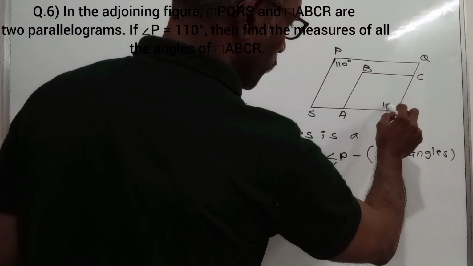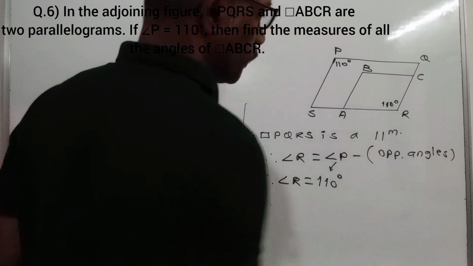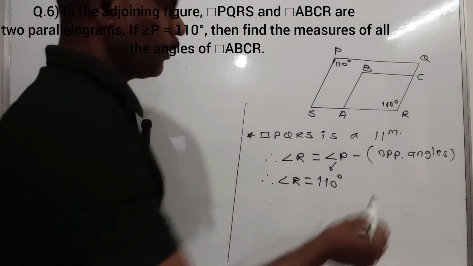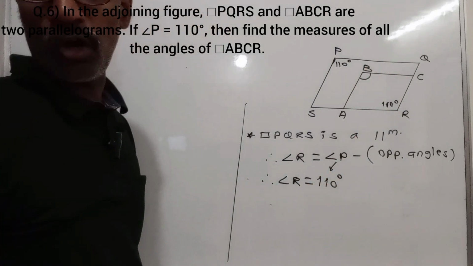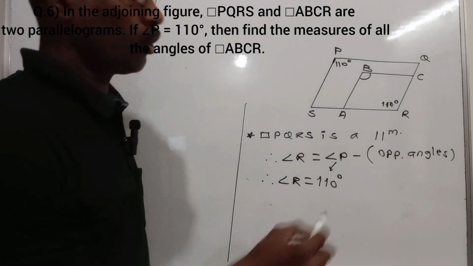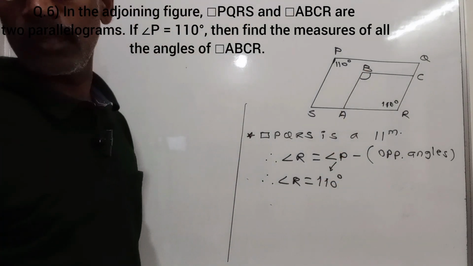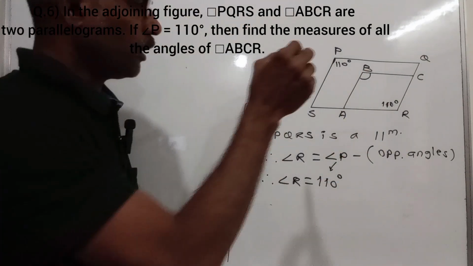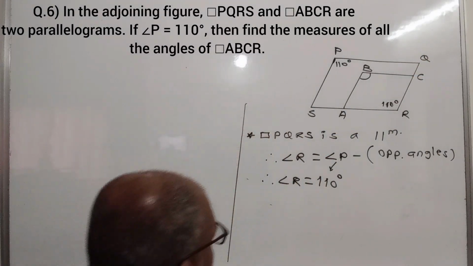Now, after getting the measure of angle R, we can find the measure of angle B or angle ABC of parallelogram ABCR. Okay, now see here.